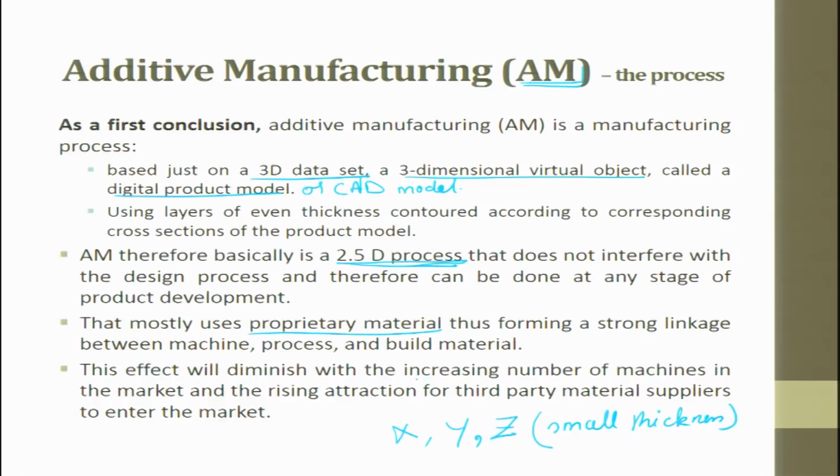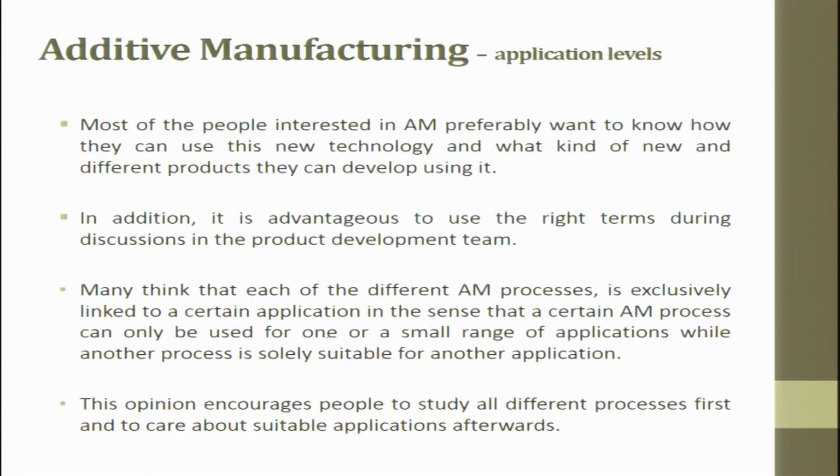In one layer they can't change the thickness, between layers they can change, and in the same way proprietary materials, now it has been opened out for third party suppliers. This effect will diminish with the increasing number of machines in the market and the rising attraction of third party material suppliers entering the market. So, this is what I was trying to tell you.